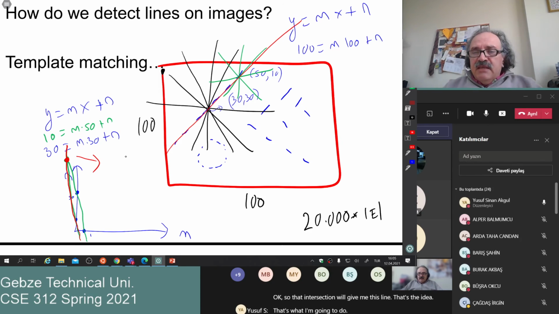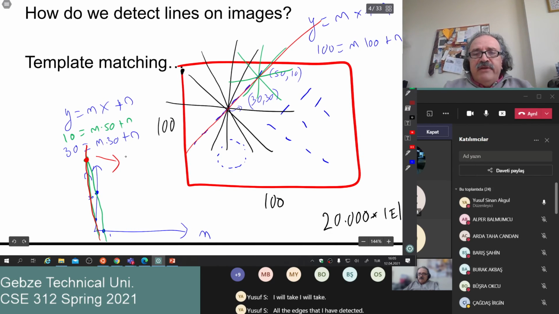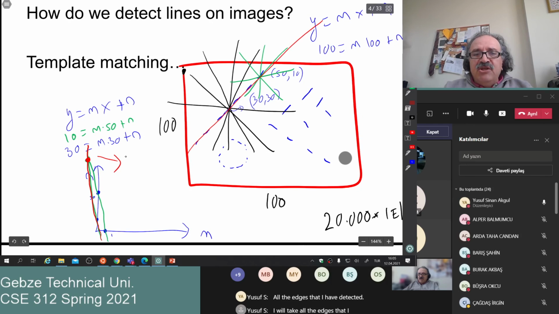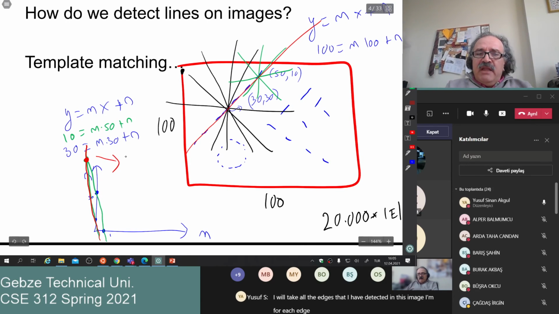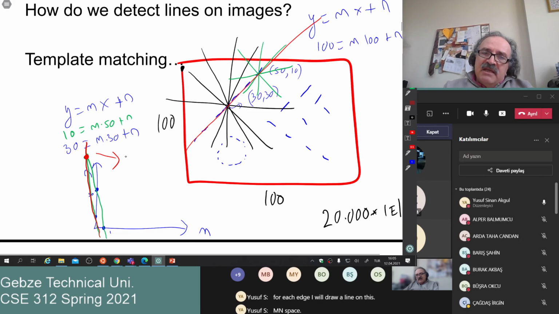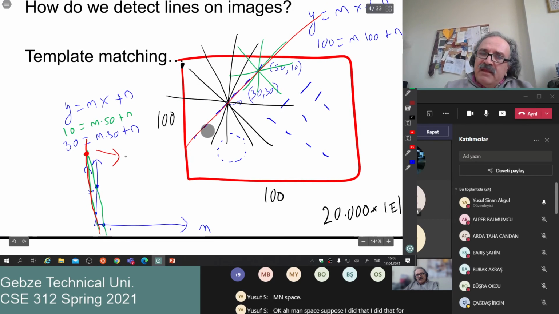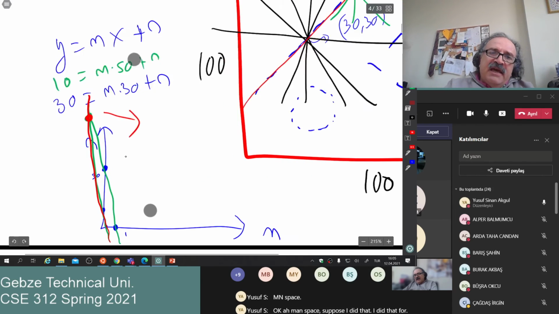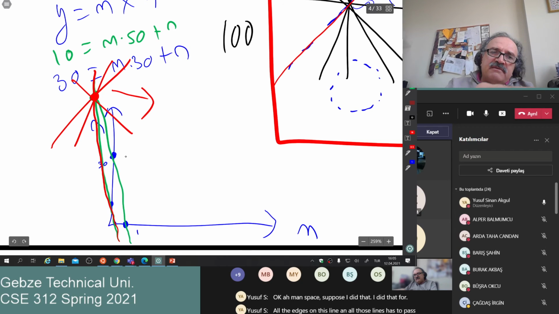That's the idea. That's what I'm going to do. I will take all the edges that I have detected in this image, and for each edge I will draw a line on this MN space. Suppose I did that for all the edges on this line, and all those lines have to pass through this point.